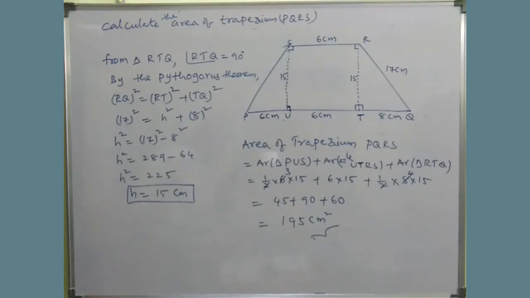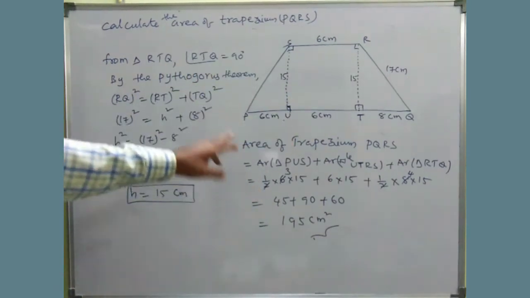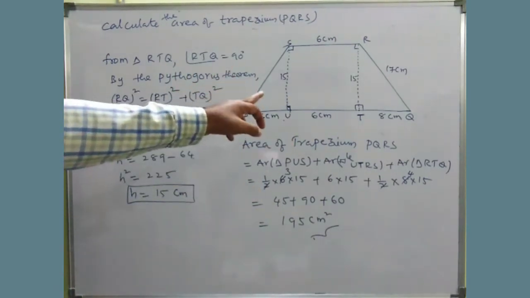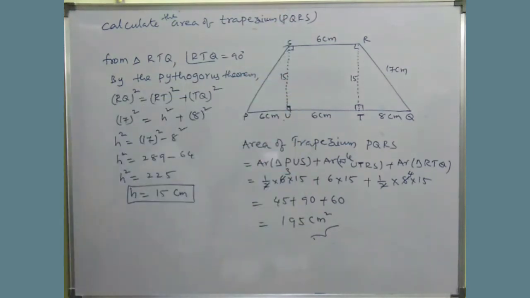So in this way also, by splitting the entire trapezium into 3 parts, triangle, rectangle, and another triangle, the sum of these 3 figures gives the area of the trapezium.